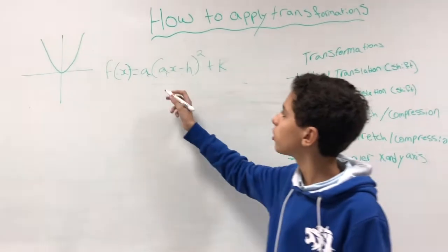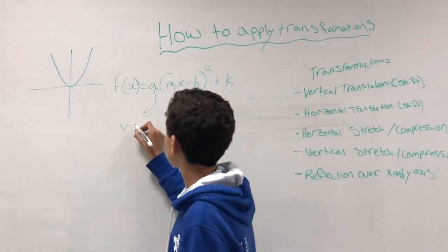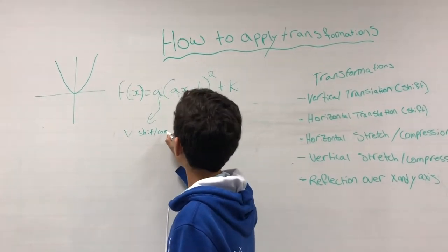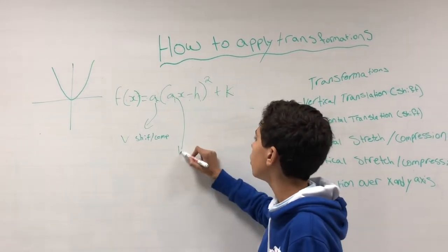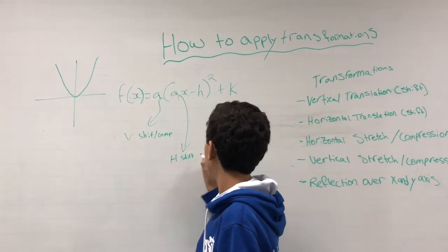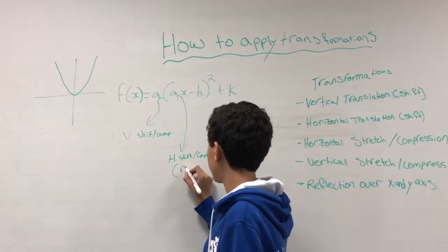So now let's start with the first a value, which shows a vertical stretch or compression. And this second a value over here is also another constant term, which shows a horizontal stretch or compression, and it's also a reciprocal.